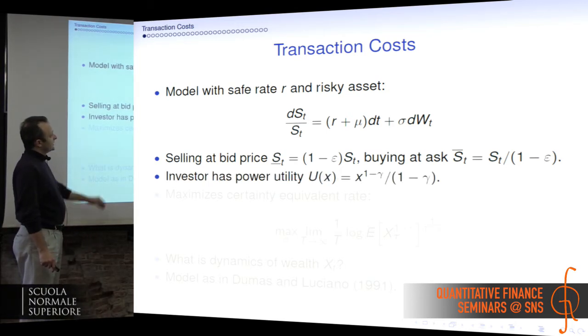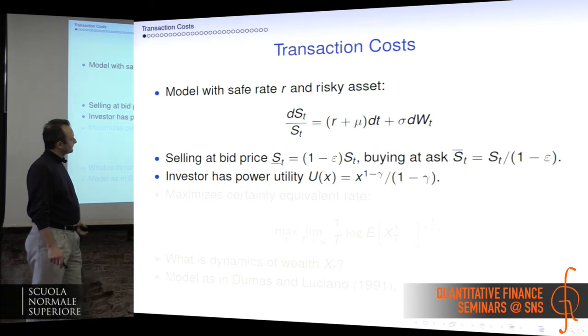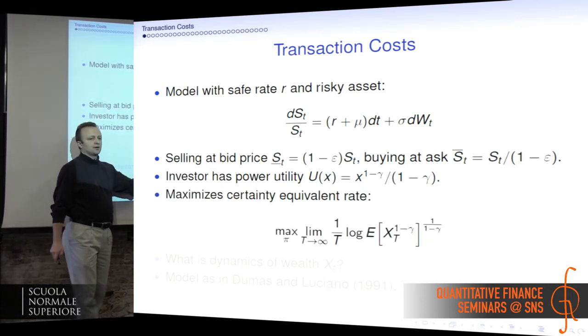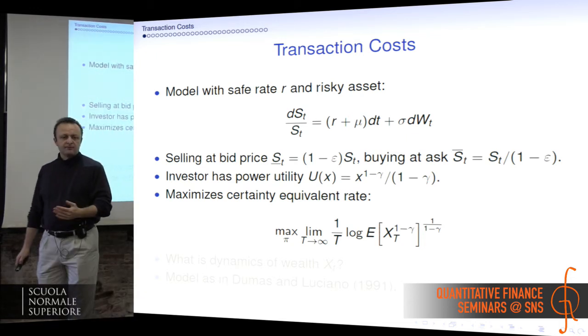All right. We still work with power utility because we want to have something that compares with what we know already. And now we're going to use the certainty equivalent rate as an objective. So we want to solve the problem for a long horizon.